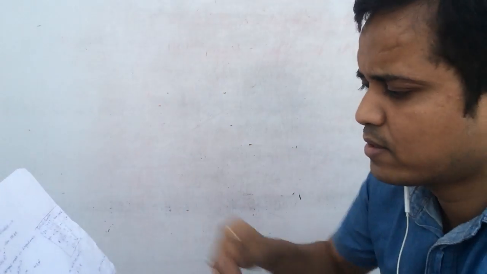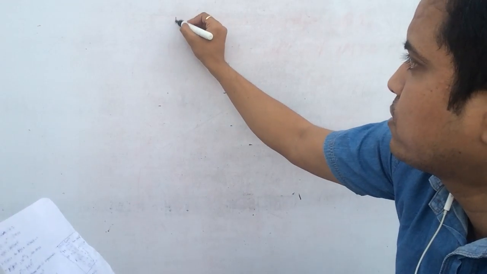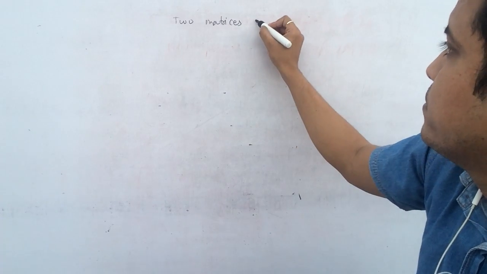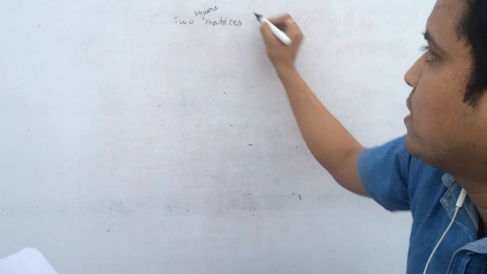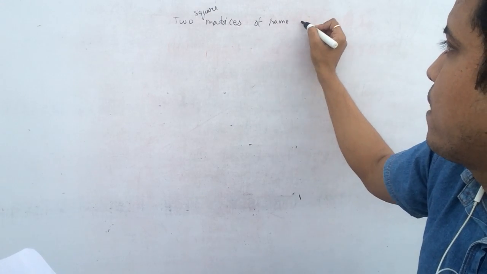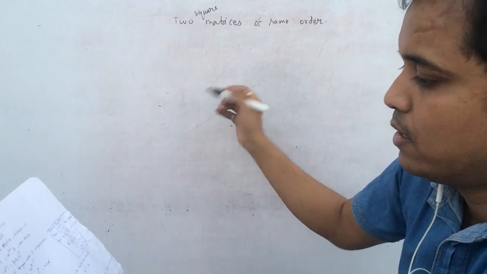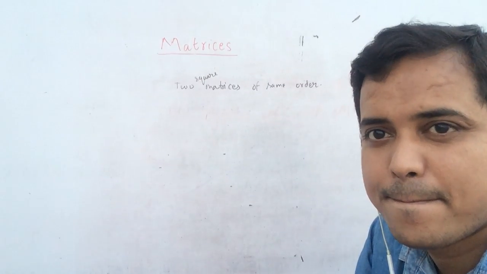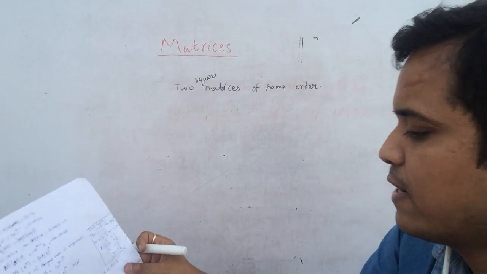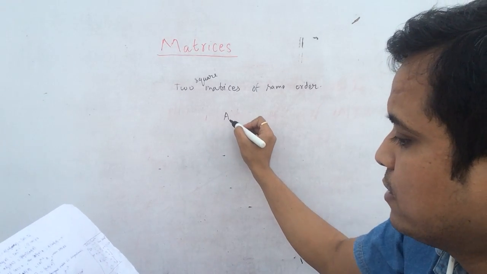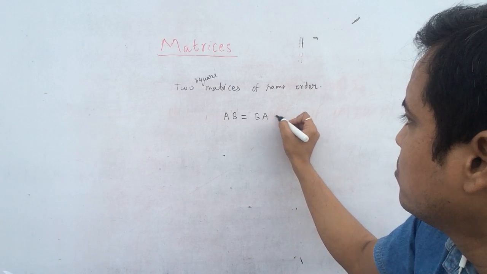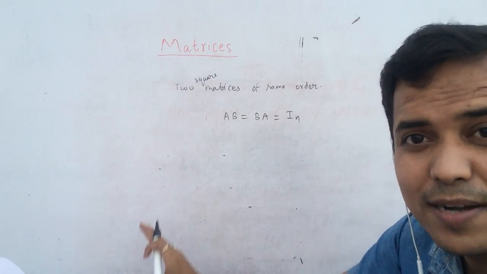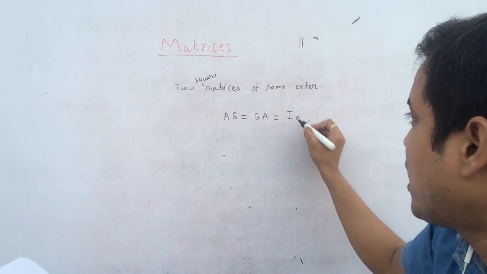Suppose A and B are two square matrices of the same order n, and AB equal to BA equal to I_n, the identity matrix.